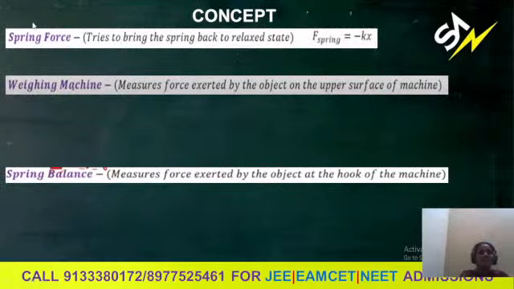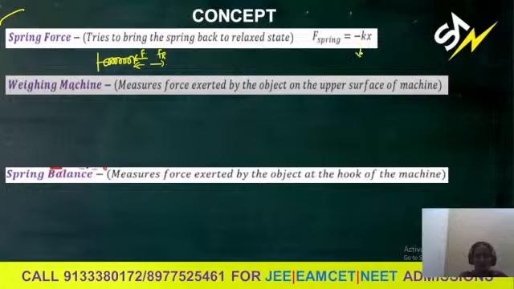next type of force is spring force, which acts to bring the spring to its relaxed state. Let us see here, the spring is under deformation by the application of a force. So it is pressed to the left side. The restoring force experienced by the spring will be in the opposite direction. Spring has an elastic nature, so the force experienced by the spring is equal to minus Kx.